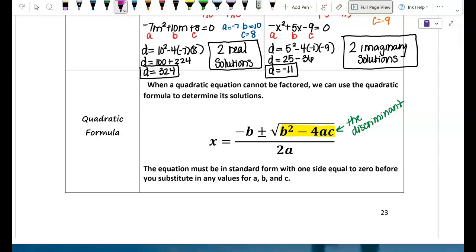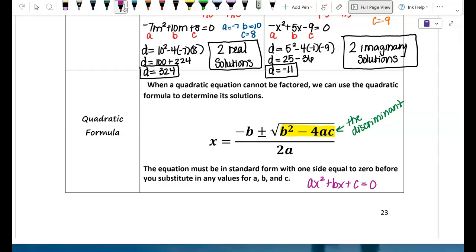So once again, we have to have ax squared plus bx plus c equals 0 before we can do anything. If one side is not equal to 0, then we can't work with that yet. We have to get it into that form to make sure we're using the correct values.